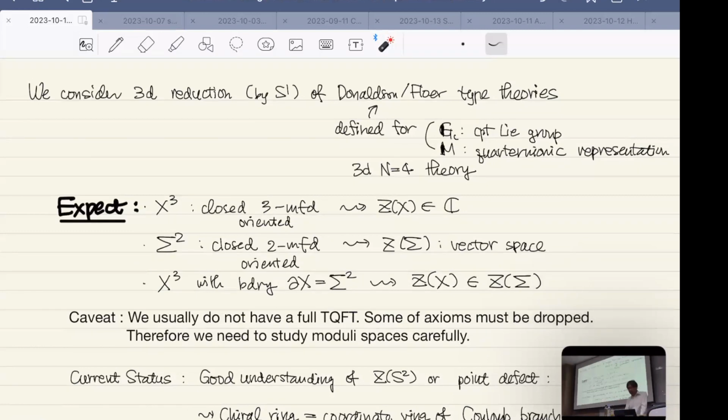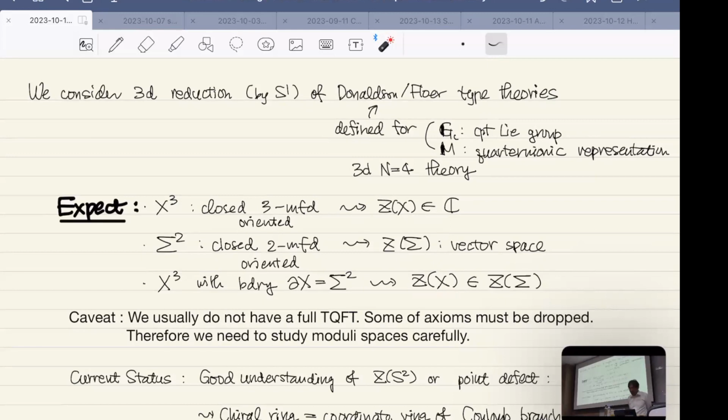If Sigma appears as a boundary of a three-manifold, then Z of X should be a vector. So we expect for a given compact Lie group G and symplectic representation, we should get those data satisfying those axioms of topological field theory.